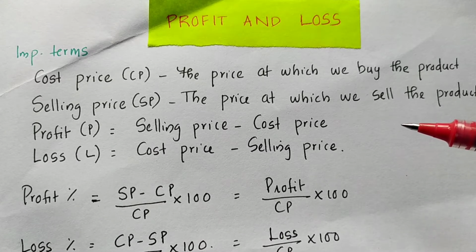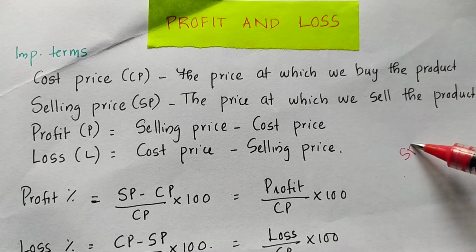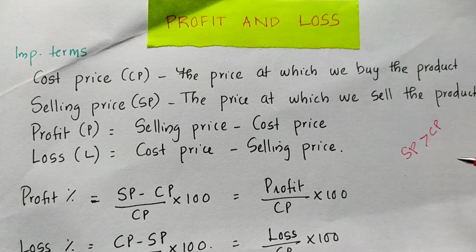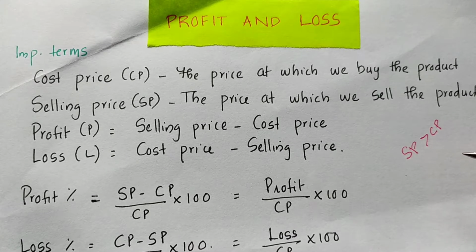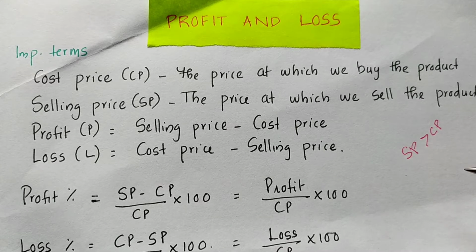So when we will have a profit, if our selling price is more than the cost price, then we will have a profit. So we are getting some extra earnings from that. If our SP is greater than CP, then we will definitely have a profit.